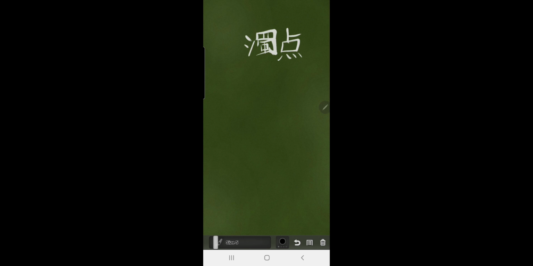The first character means voiced consonant. The second character means mark. And there are 3 major ones I can think of off the top of my head.